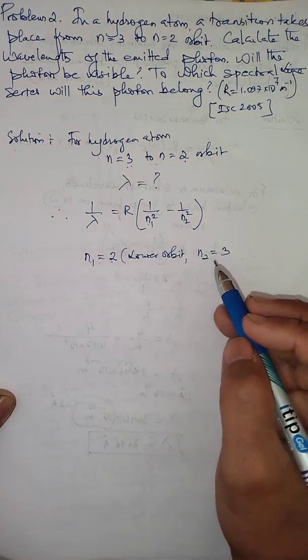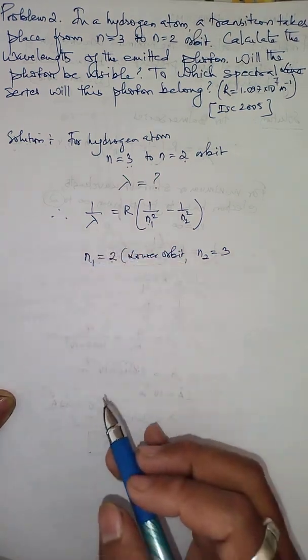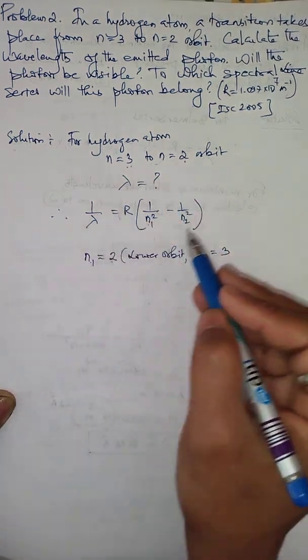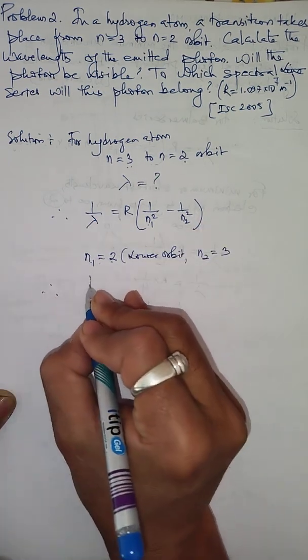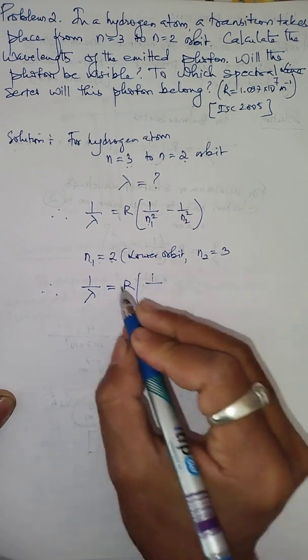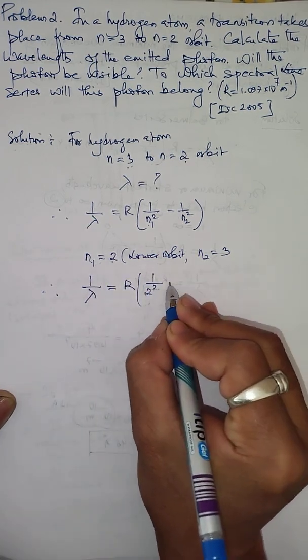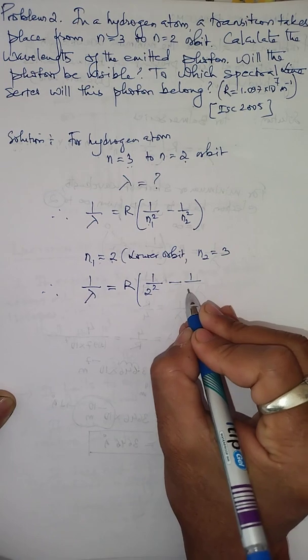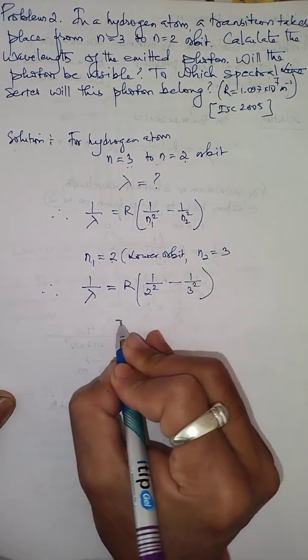When electrons jump from 3 to 2, we can measure the wavelength by this relation. So 1 by lambda equals R times 1 by 2 whole square minus 1 by 3 whole square.